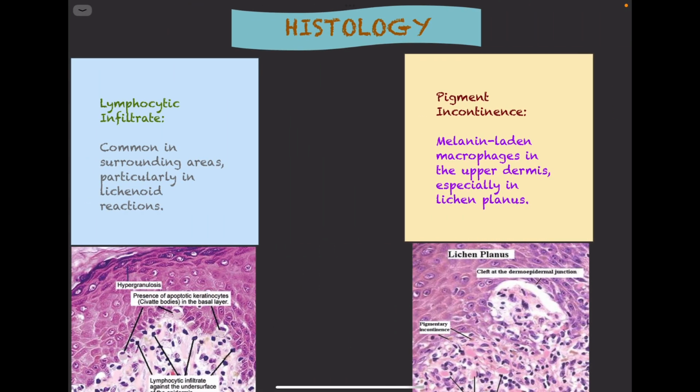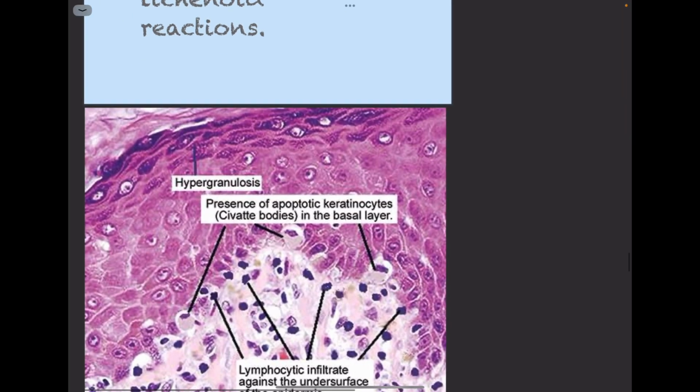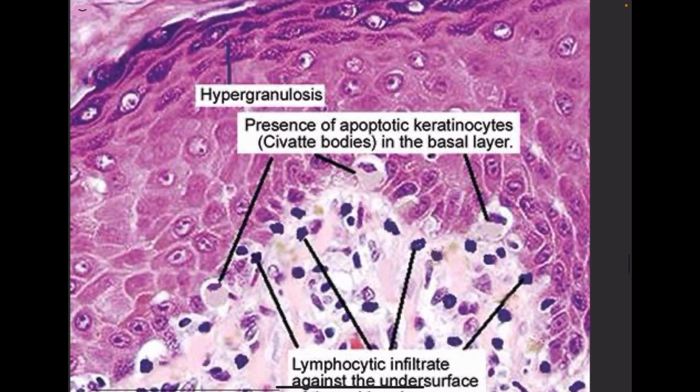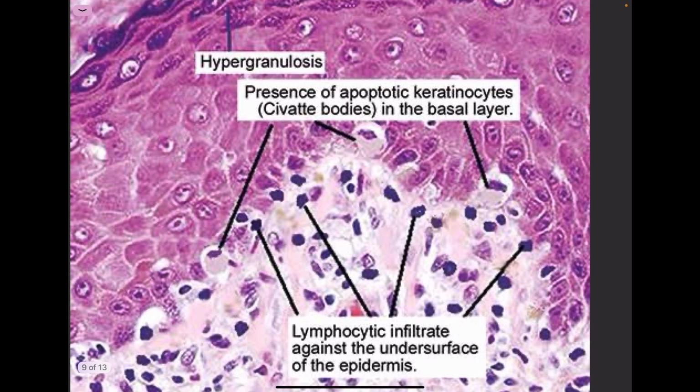So here in this slide we are going to see two particular conditions associated with civet bodies, but also there are some predominant microscopical findings apart from your civet bodies, right? So here you can see there is a lymphocytic infiltration occurring. See, this is your hypergranulosis over here, then these are your civet bodies or the colloid bodies in the basal layer itself, and just below that you can appreciate the lymphocytic infiltration, right?